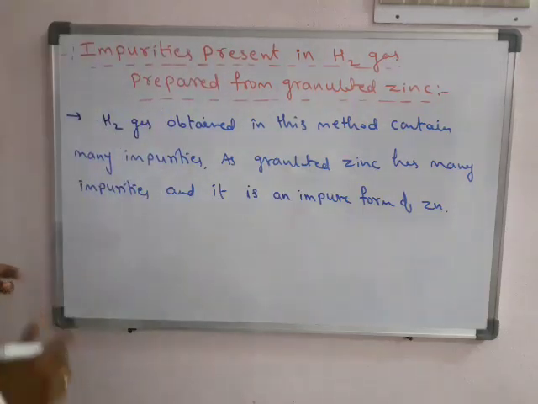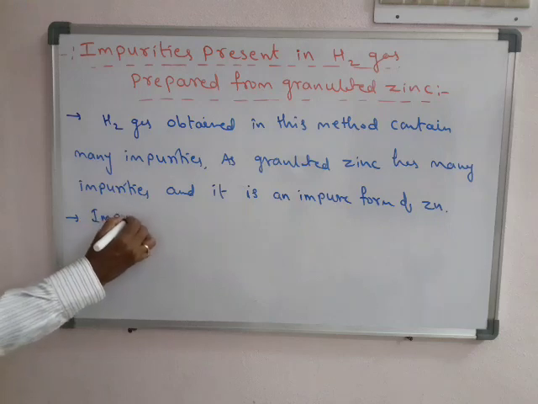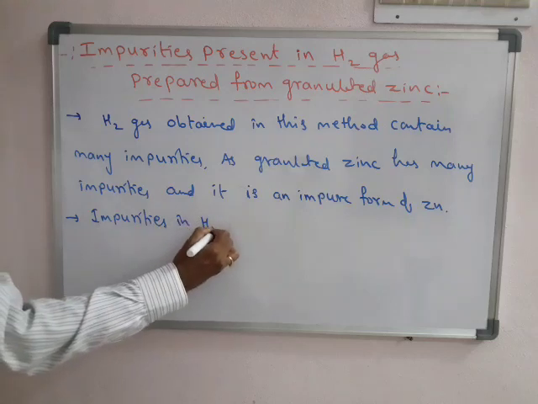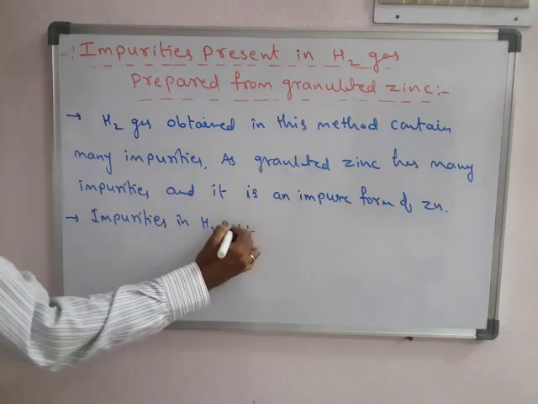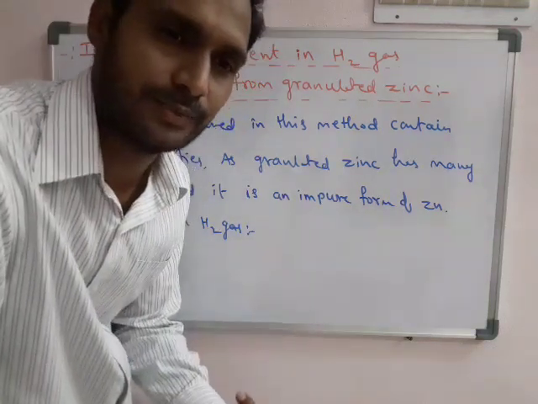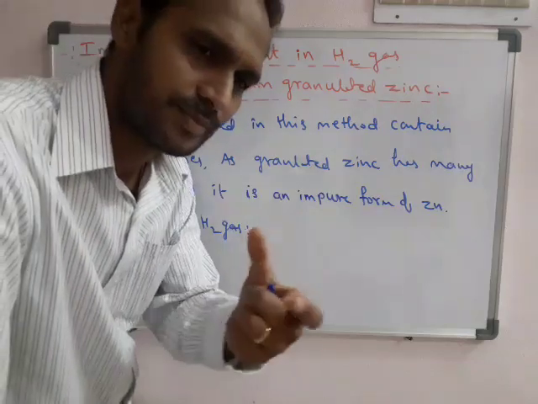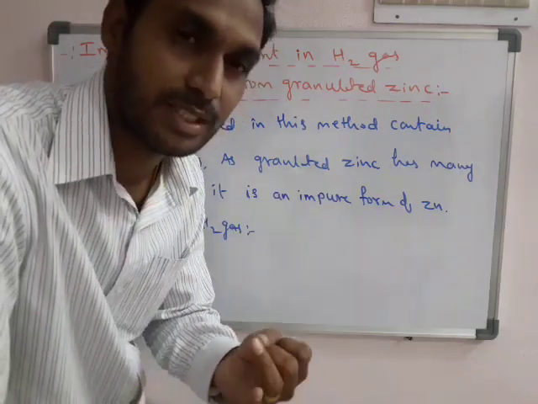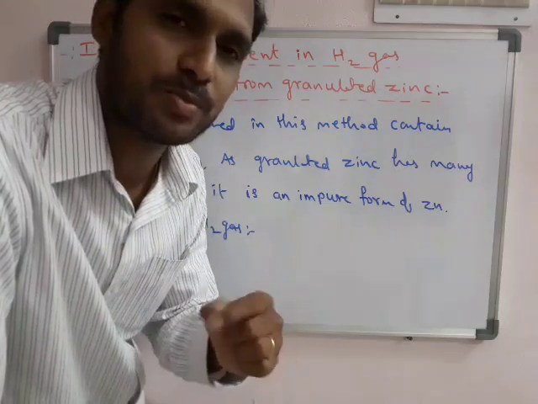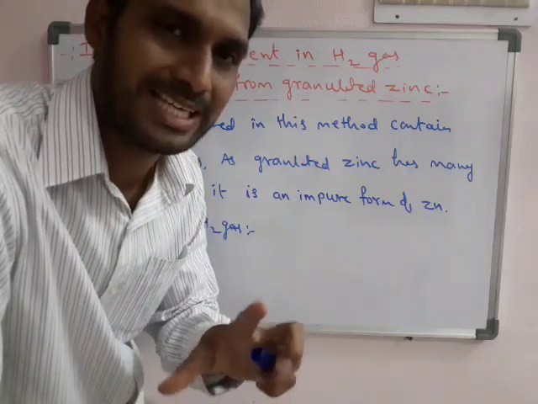So what are those impurities? First we see the impurities in H2 gas. There is arsenic hydride, that is AsH3, and phosphorus hydride, that is PH3, also called phosphine.